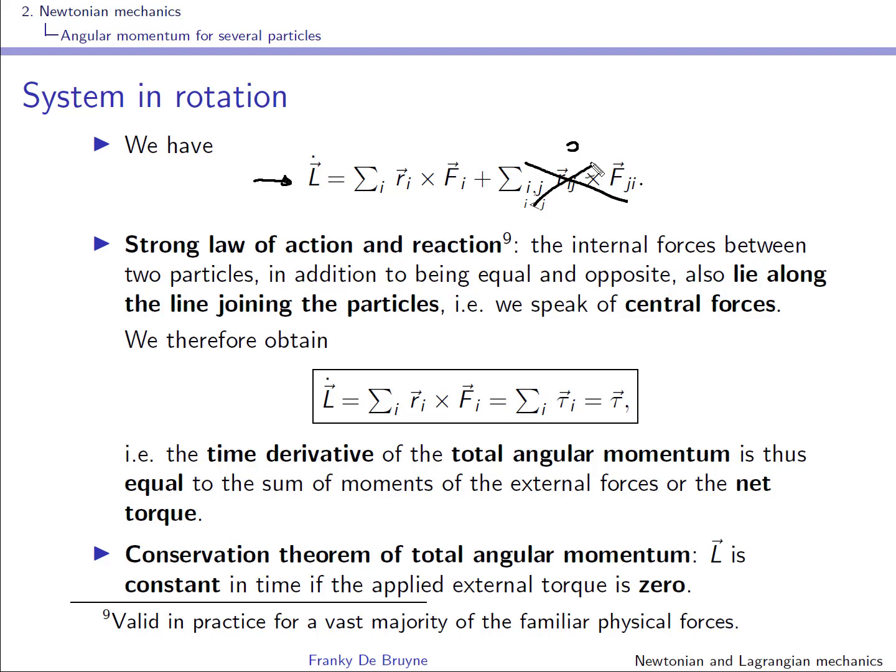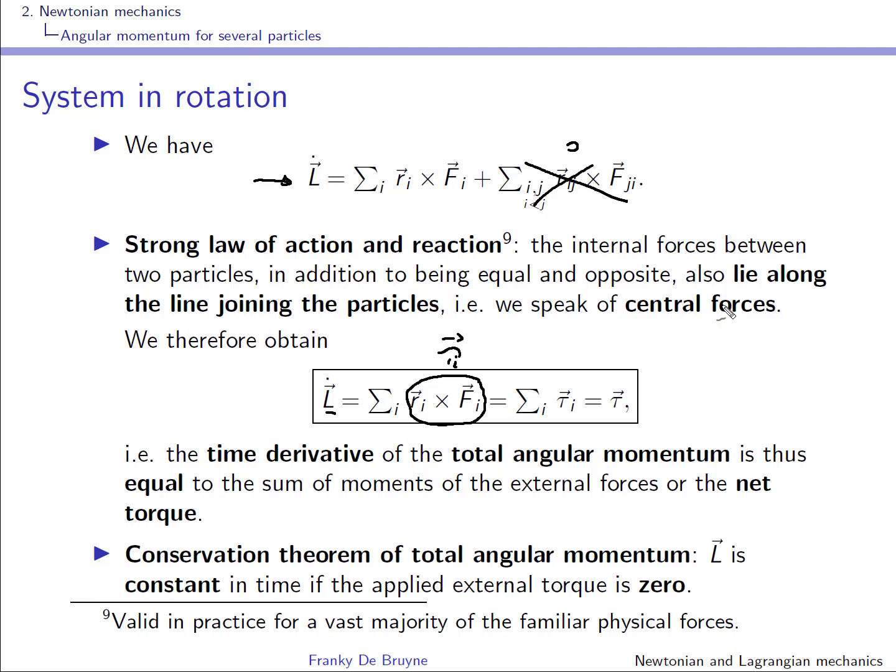Okay, so what do we obtain? Well, we see that the time derivative of the total angular momentum is a sum of the torques that are acting on each individual particle i.